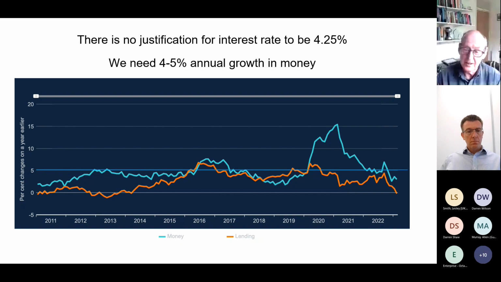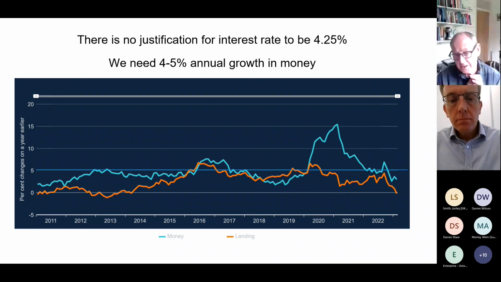Then we get COVID, and that big peak in the blue line is because of the central bank, the Bank of England. And look where we are now. The last data point is February. Bank lending has basically gone to zero. Money supply growth has actually fallen all the way back to 3.6% year on year.